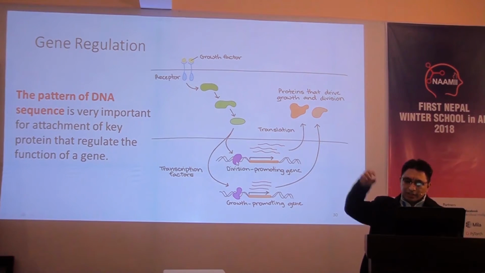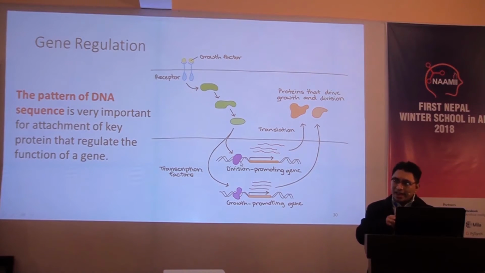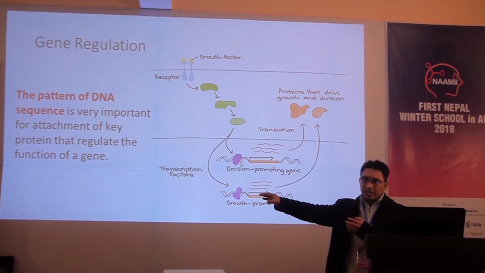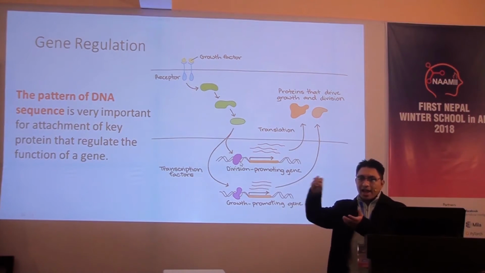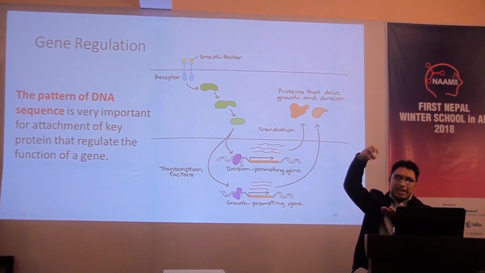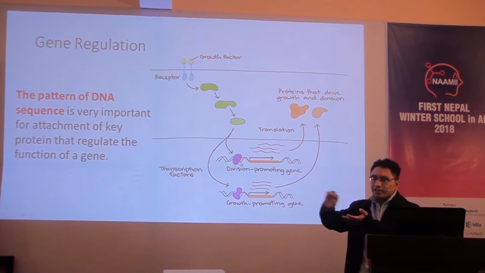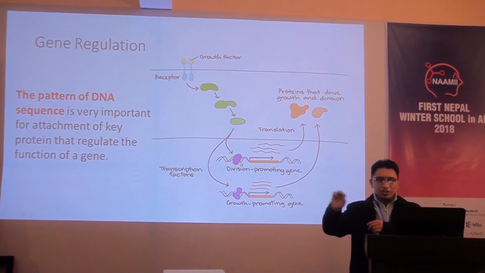These proteins are called transcription factors. If these transcription factor proteins are bound to the DNA, then it gives an activation signal to turn on the gene. If those proteins are not bound to the DNA, then the activation signal is not triggered, so the gene is not turned on.